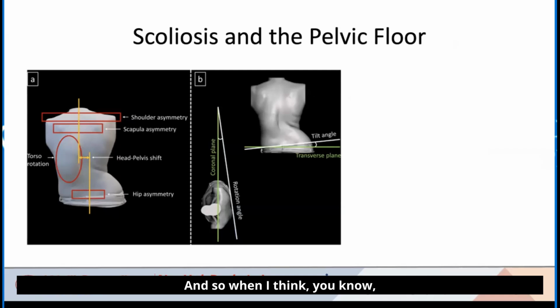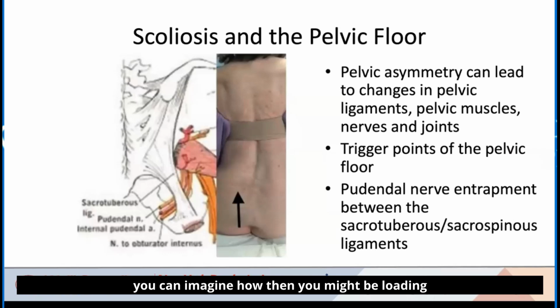When I think of scoliosis, obviously we know this is not a two-dimensional but a three-dimensional curve, right? There's a rotational component, and a lot of different things happening throughout. When you have that hip and pelvis asymmetry, you can imagine how you might be loading and increasing shear forces along the different joints and muscles, and overstretching different ligaments.